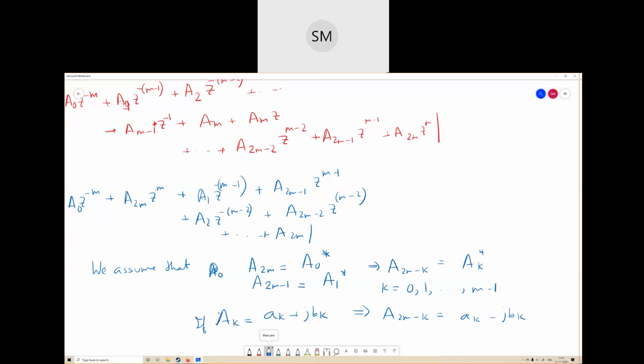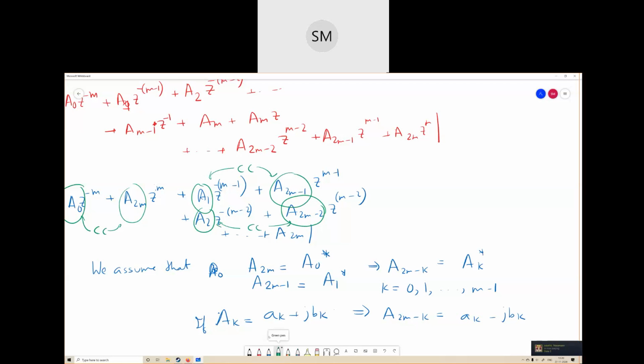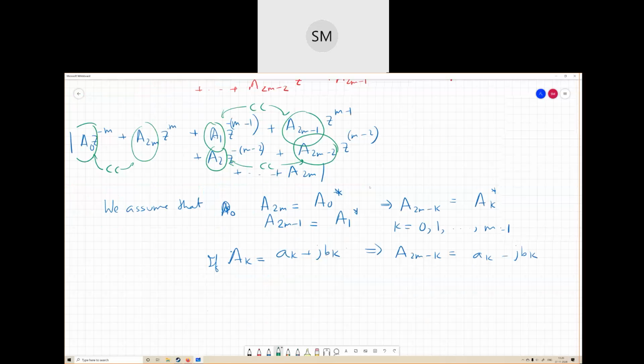Which means this and this are complex conjugates, these and these are complex conjugates, and so on. This is the way. So if we expand this, what do we get?